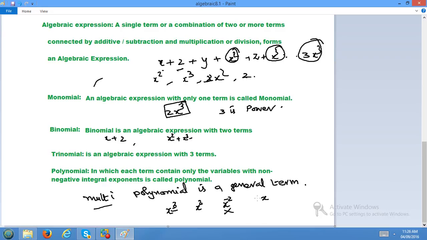Suppose it is 3x cube divided by 4y to the power of 4, this is not a polynomial. Each term should contain only variables with non-negative integral exponents. The exponent should not be negative. The integral portion should not be negative.